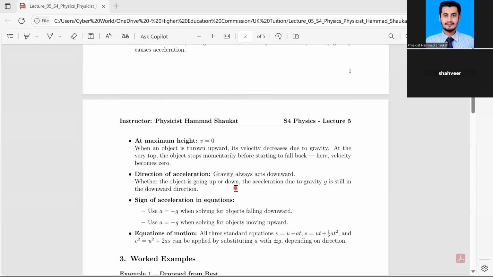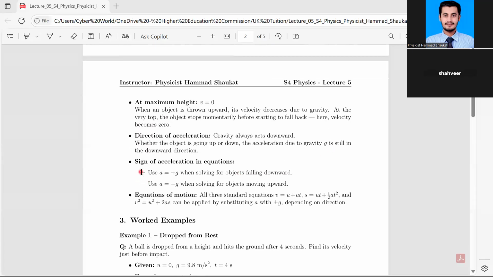Gravity works everywhere. And about the sign, I already told you that you have to take positive g whenever your object is going downward, under the action of gravity. And you have to take a minus sign with your gravitational acceleration when your object is moving upward, against the gravitational acceleration.